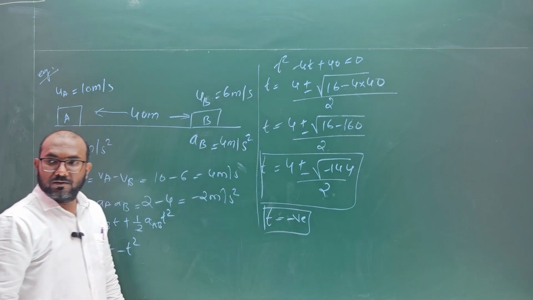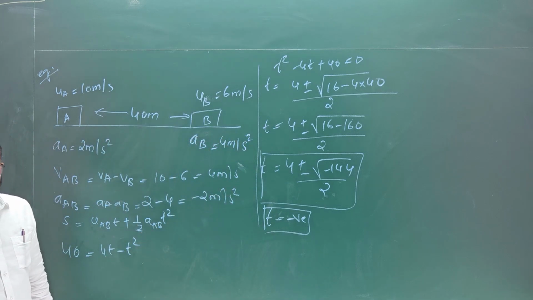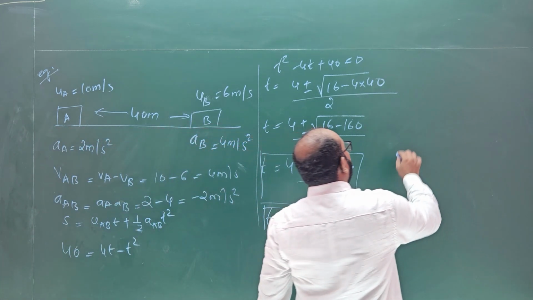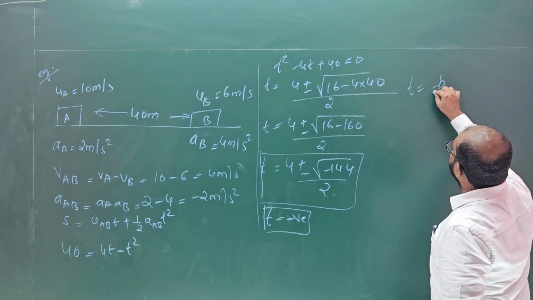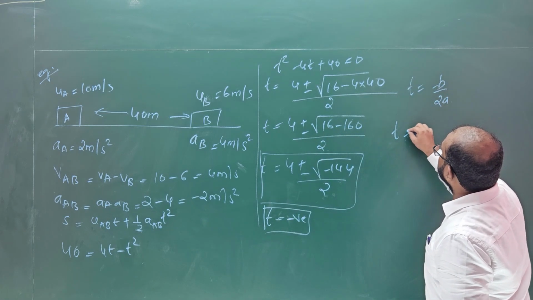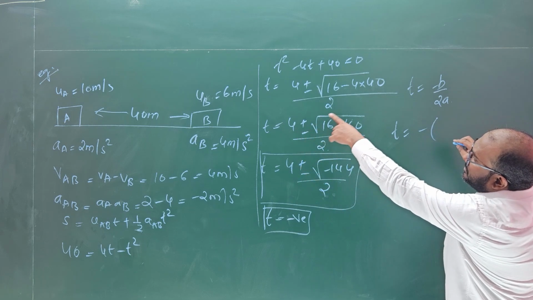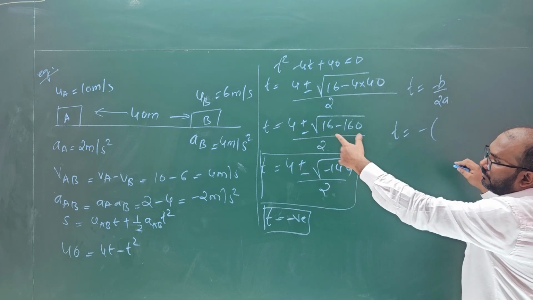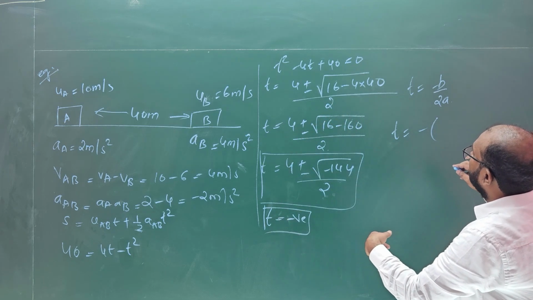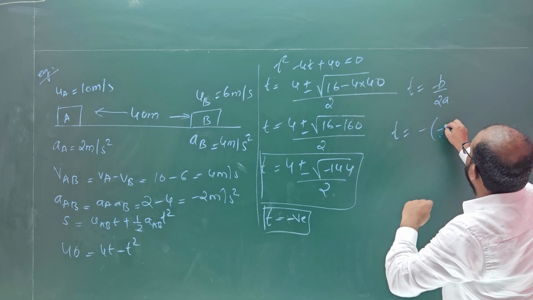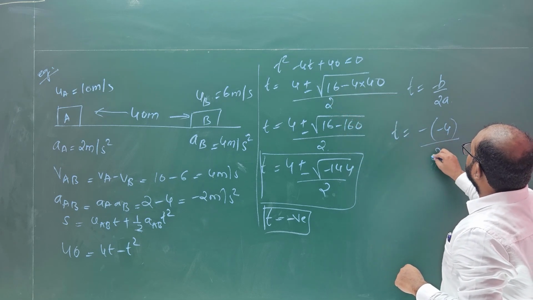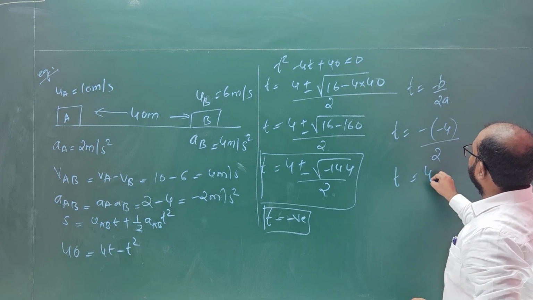Okay. Whenever the time becomes negative, always use T is equal to minus B upon 2A. T is equal to minus of B value. B value is minus 4, upon 2A, that is 2 into 1, so T is equal to 4 by 2.